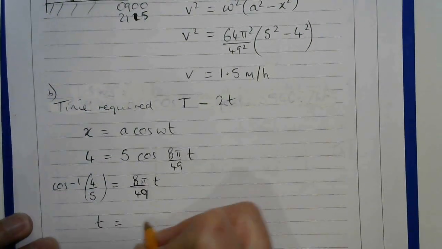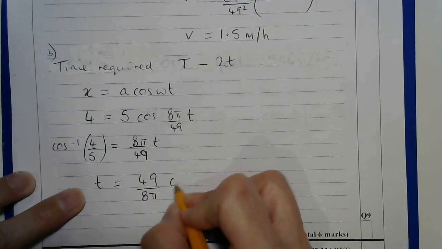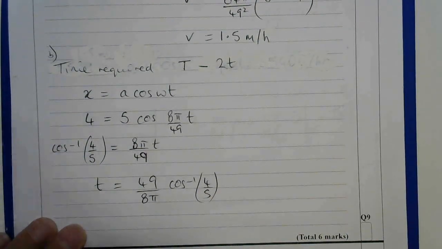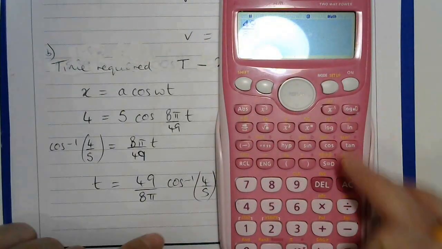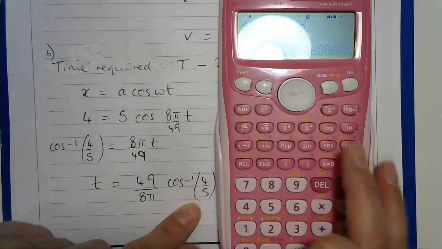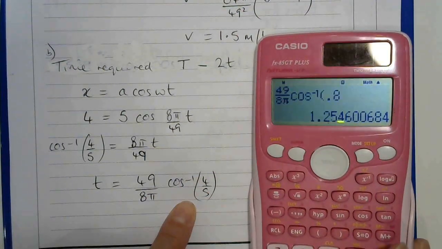So I get that t is 49 over 8 pi multiplied by inverse cosine of 4/5, and make sure your calculator is in radians for that. So we've got 49 over 8 pi multiplied by inverse cosine of 4/5, and that is the amount of time that I get there.